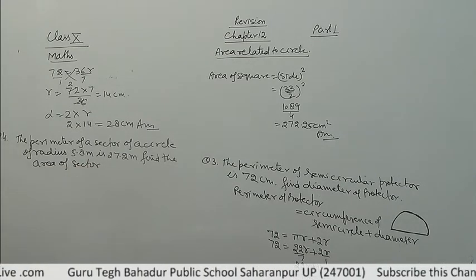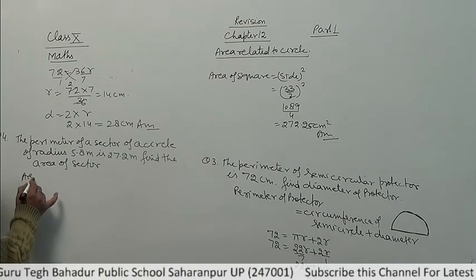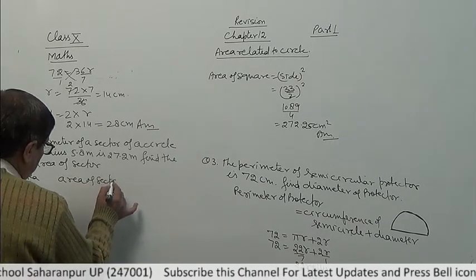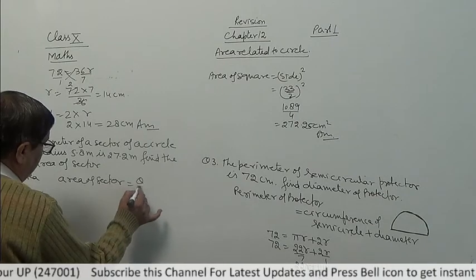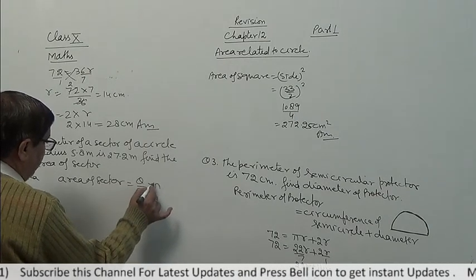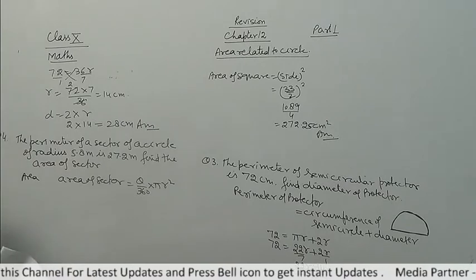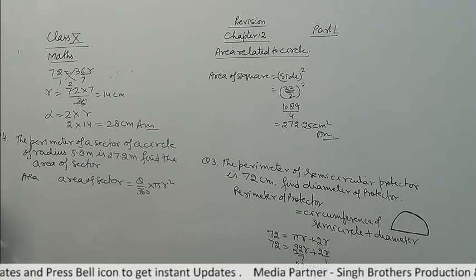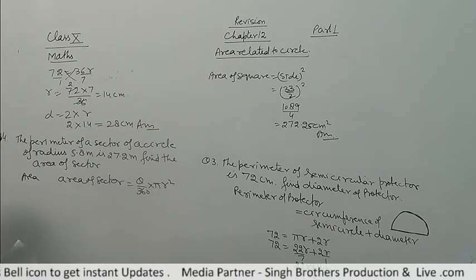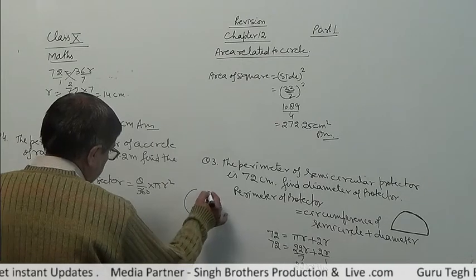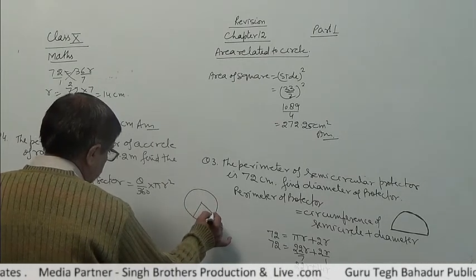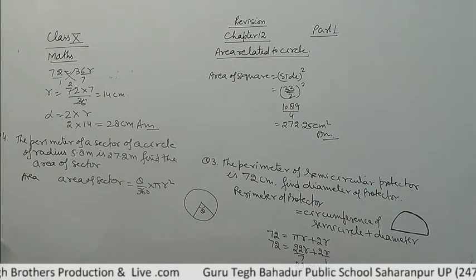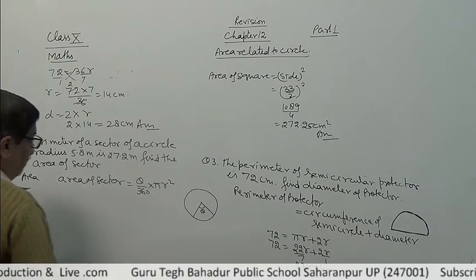Generally, we find the area of sector by using the formula theta upon 360 into pi r square, but here the angle is not given. In the NCERT book we use the center angle, like this one. But here the center angle is not given, so you can use another formula.